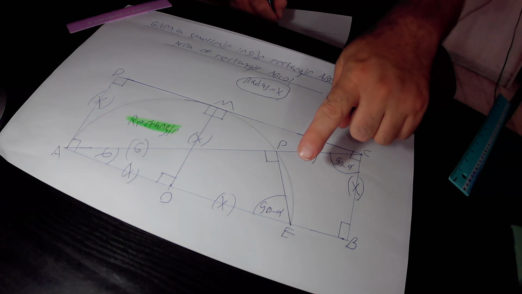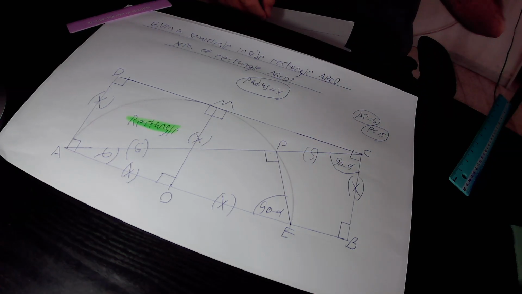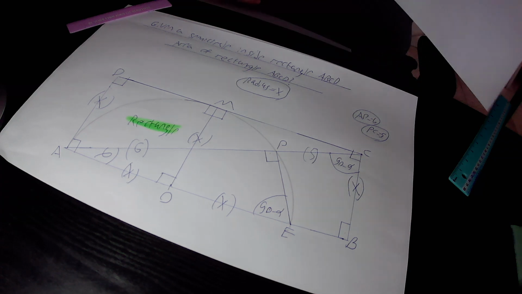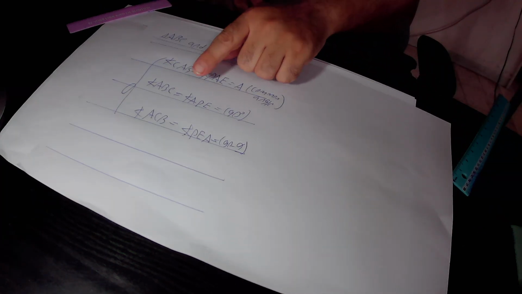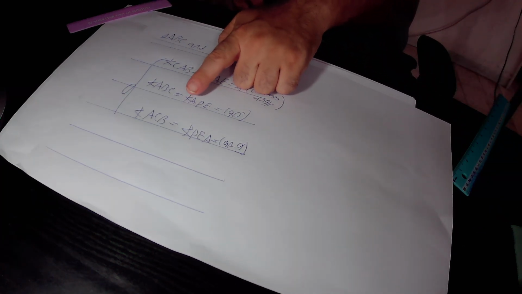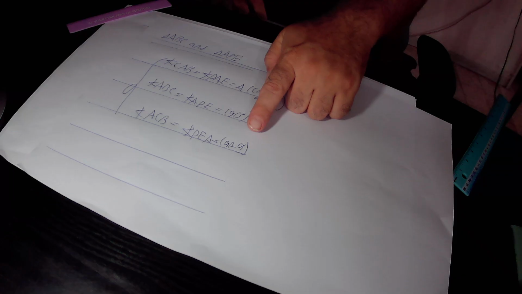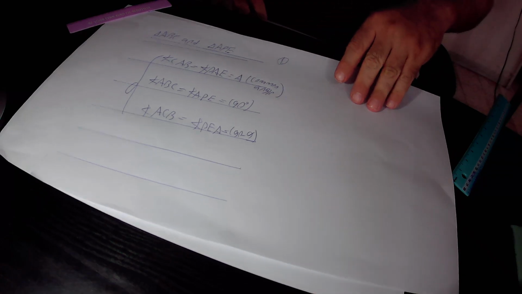This is actually angle PEA in the right small triangle APE. So repeat again. Angle ACB in the right big triangle ABC equals angle PEA in the right small triangle APE. They are both equal to 90 degrees minus alpha, therefore they are equal to each other.